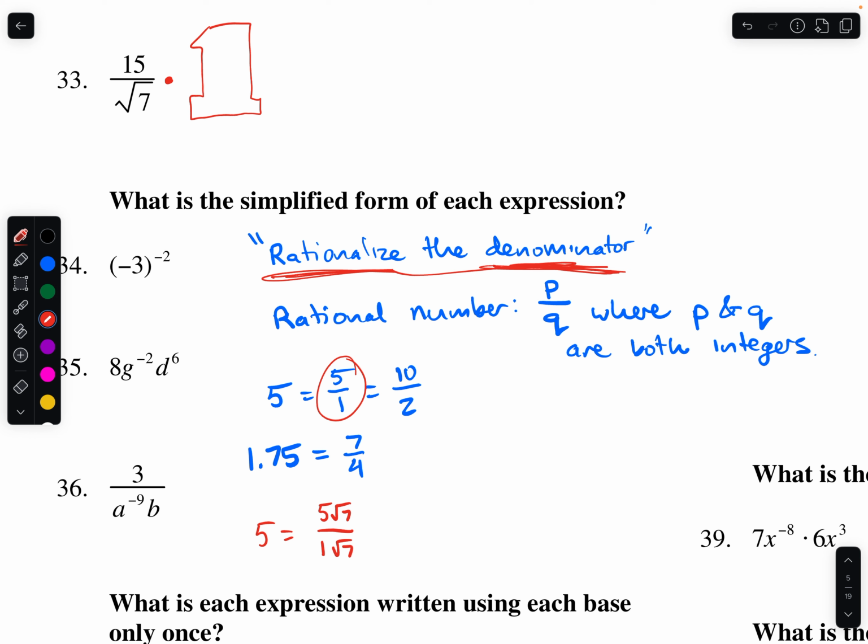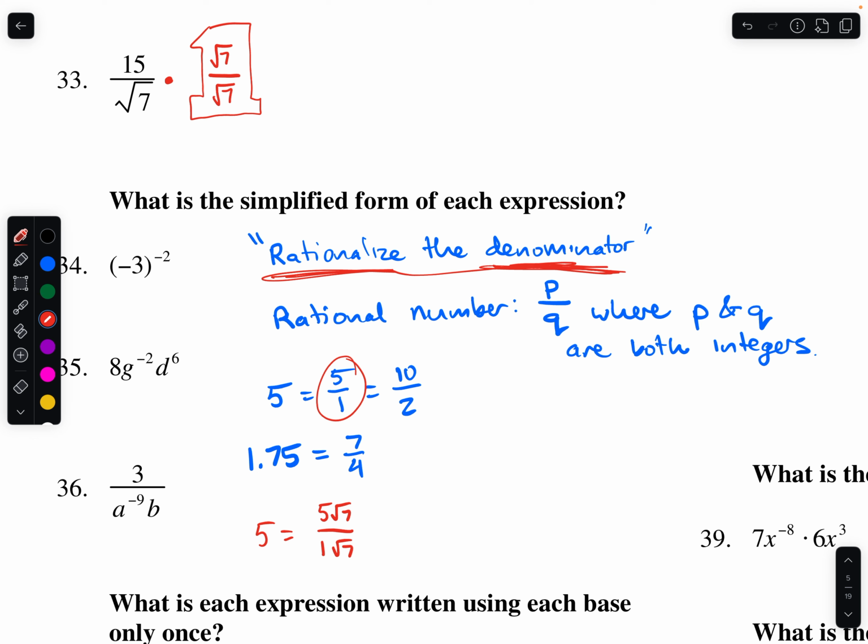It just might look a little different. And the reason it's going to look different is because I'm going to pick a very specific version of 1. I'm going to choose the square root of 7 divided by the square root of 7. Hopefully you also know that anything divided by itself is 1, right? The square root of 7 divided by the square root of 7 is 1.